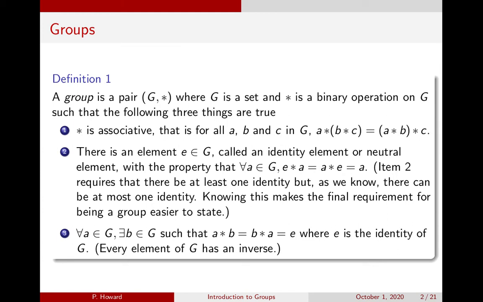So for every element little a in capital G, there has to be another element B in capital G for which A star B equals B star A equals the identity element of G. In other words, every element of capital G has to have an inverse relative to the operation star. So we have studied inverses in connection with our discussions of Z sub m and U sub m. So we have some idea of what that means.